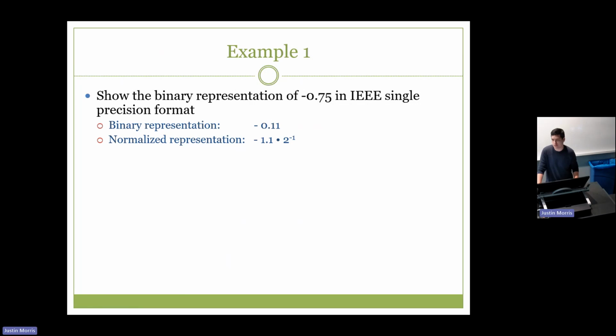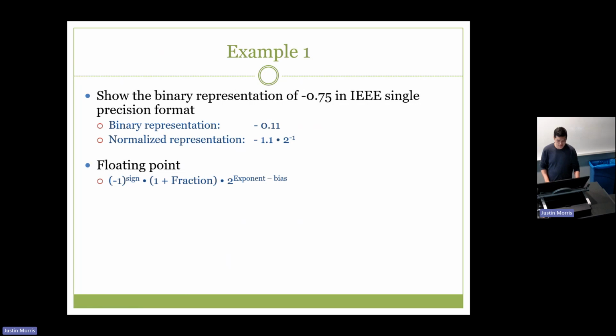Yeah, just the 1, and then the rest would be all zeros, right? And then what does our exponent need to be? Yes, because we want it to be -1, but we add the bias of 127.